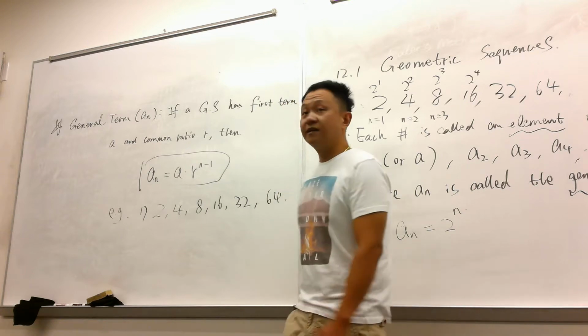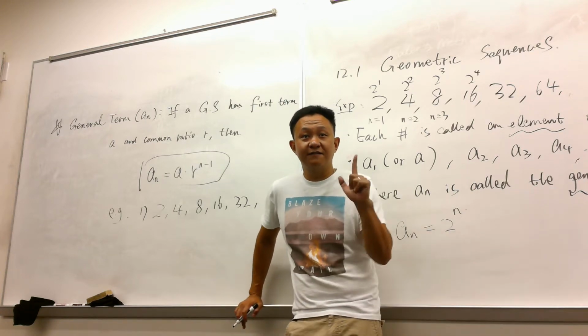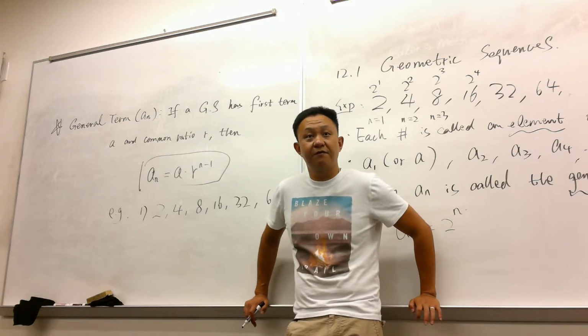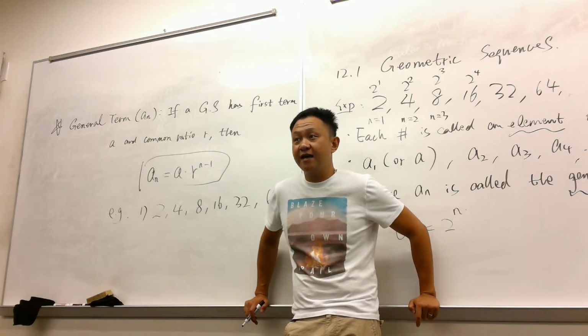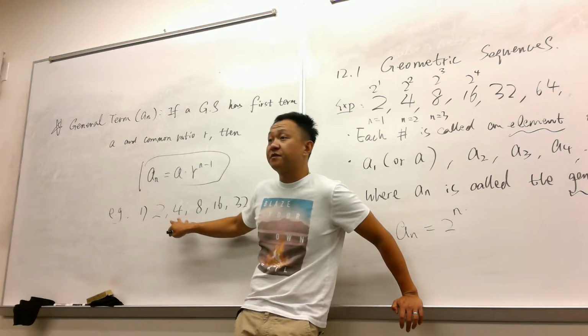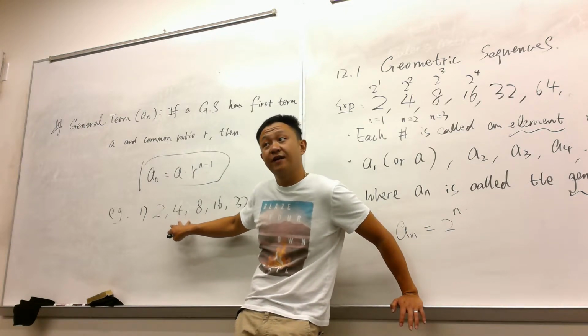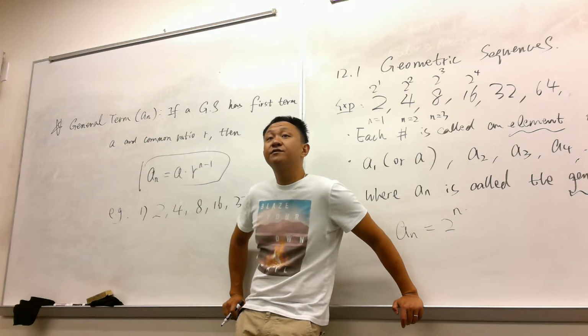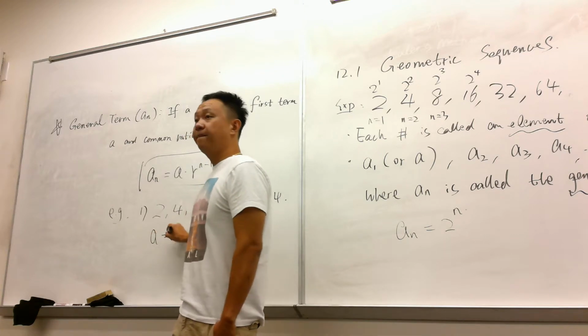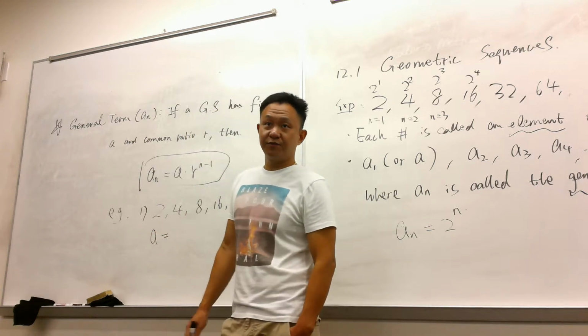Stay with me, it's not a hard concept. This is a geometric sequence. Why is it geometric? Because each time you obtain the next number from the previous number by multiplying by the same thing. So I want to ask you the following: what is the first term a of this geometric sequence?